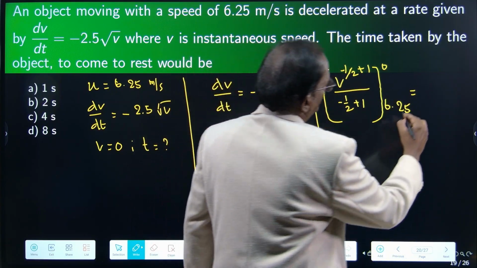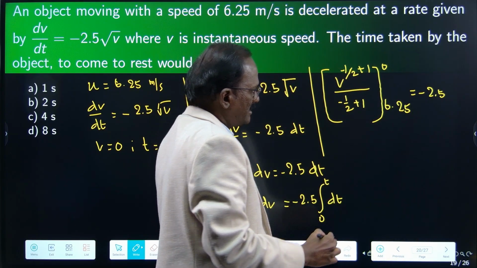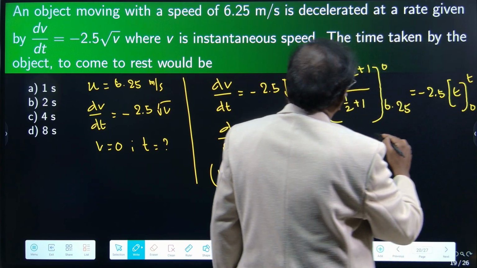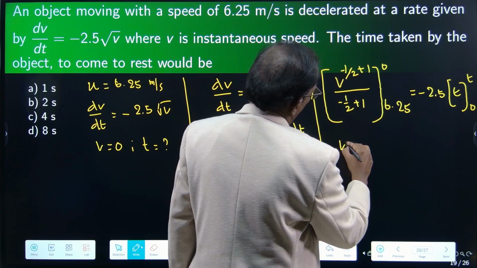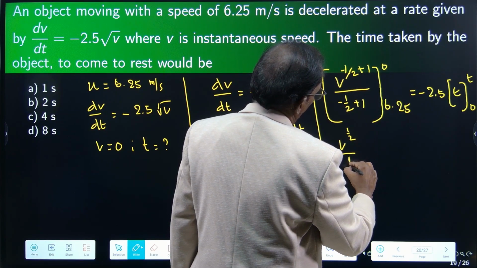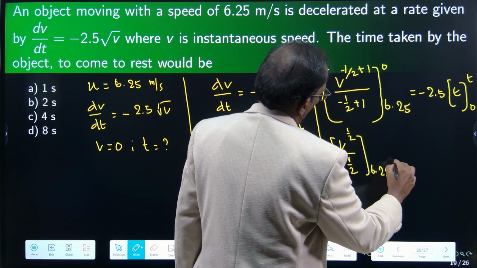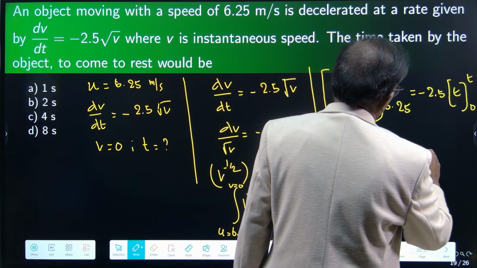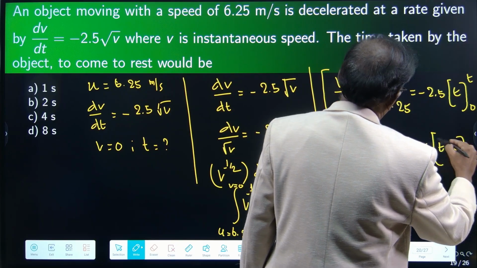This is minus 2.5, constant. Integral of dt is t only, 0 to t. Minus half plus 1 is plus half, so v power half divided by half, limits 6.25 and 0. This is minus 2.5 t minus 0.